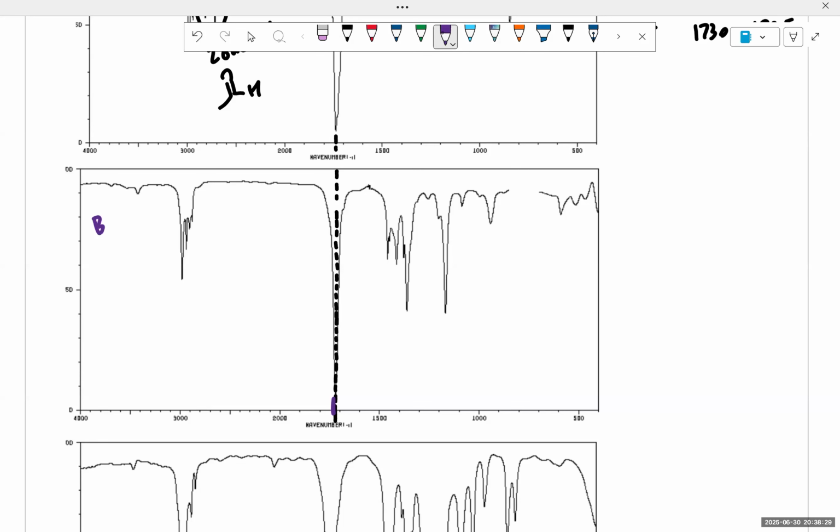Okay, so as we see, spectra A and B have pretty close CO stretching frequencies. Let's trace this down a little bit further.